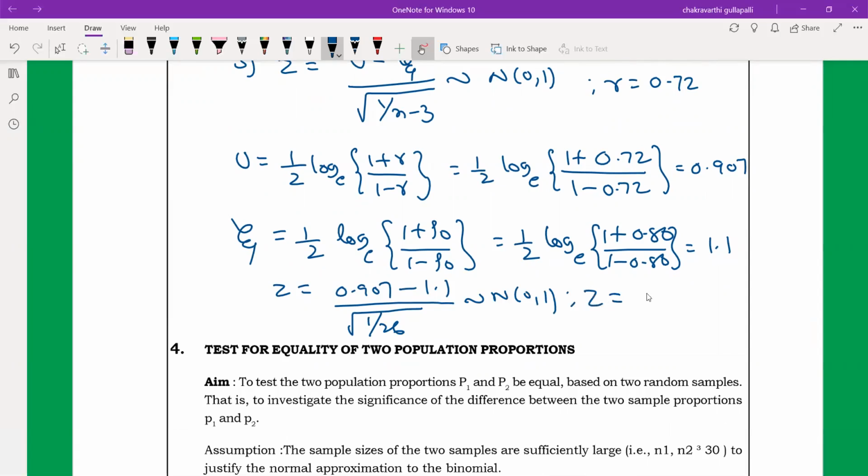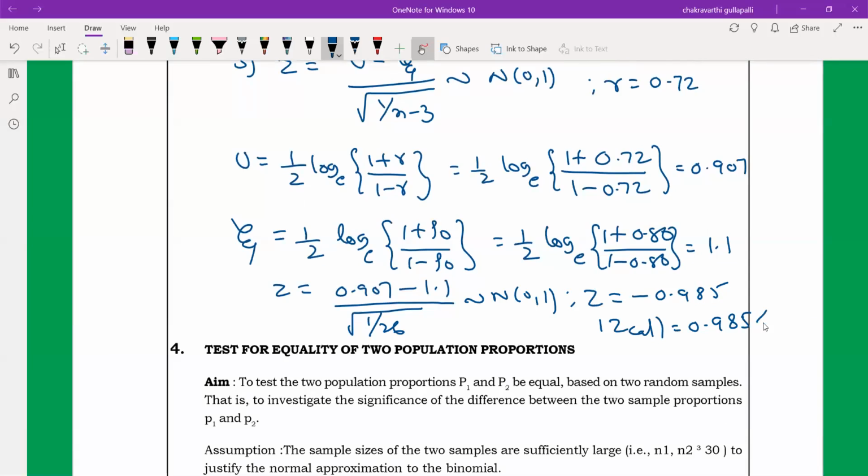After simplification, the Z value is negative, since 1.1 is on the negative side. This is minus 0.985.